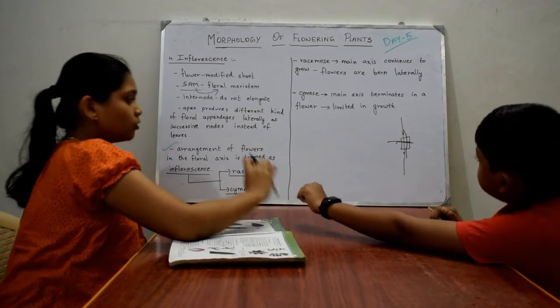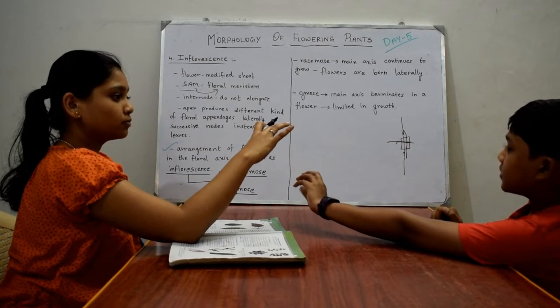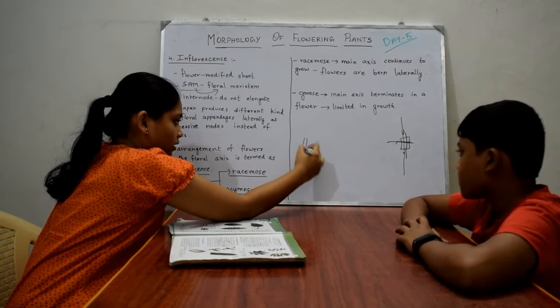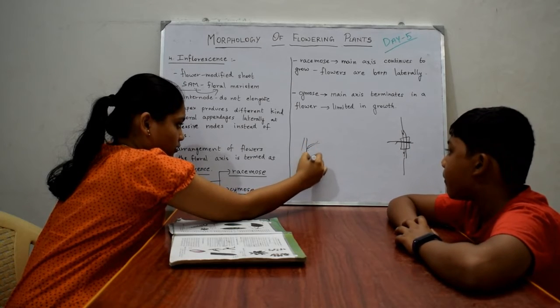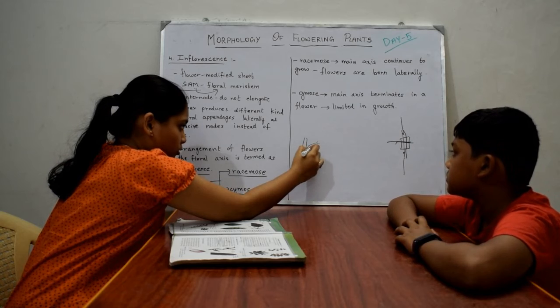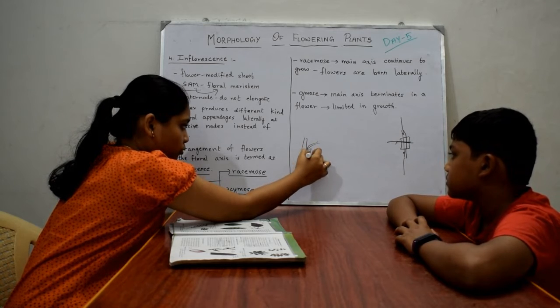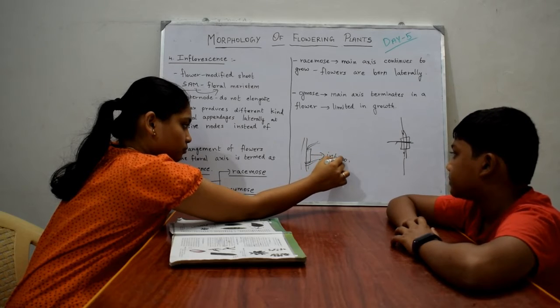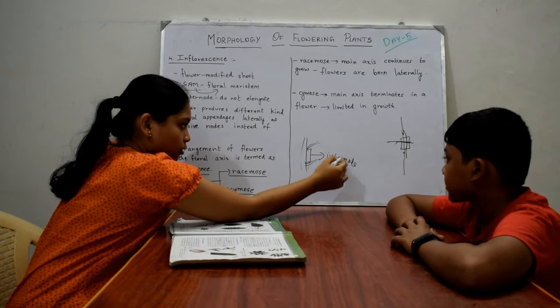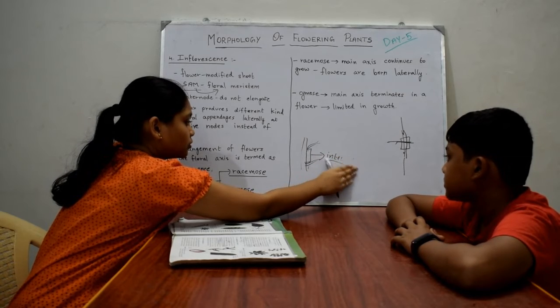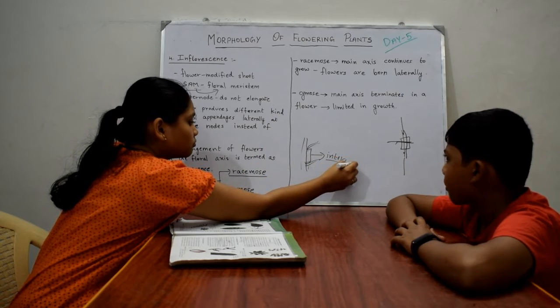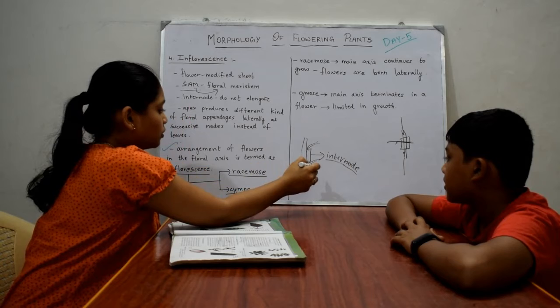The internode is the space between the two nodes. If this is a node and this is also a node, the space between these two nodes is together called the internode.